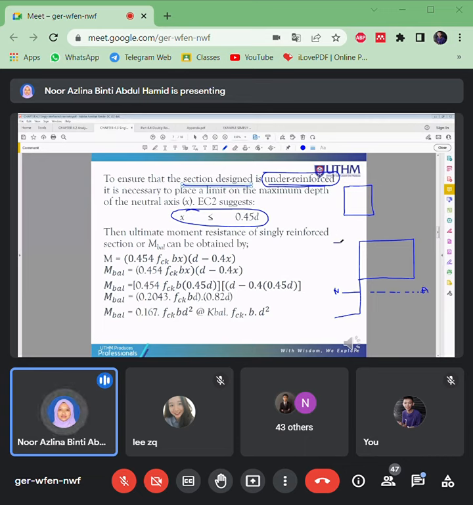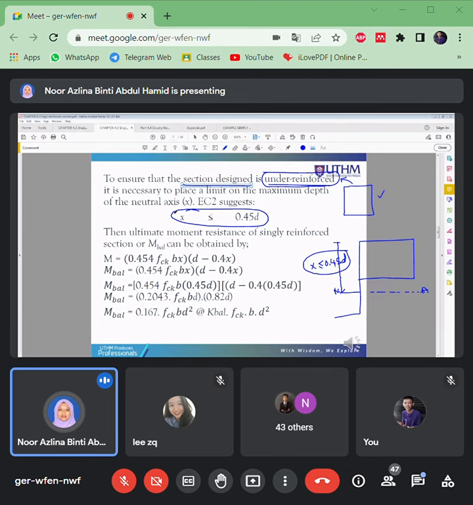So that means this X should be less than or equal to 0.45D. So this is the limit that Eurocode suggests to ensure that this beam is designed as under reinforced.